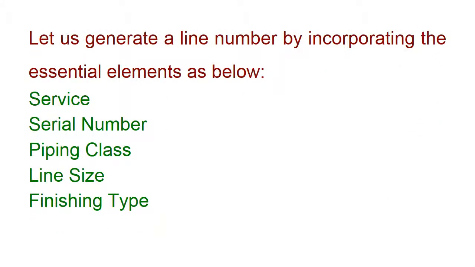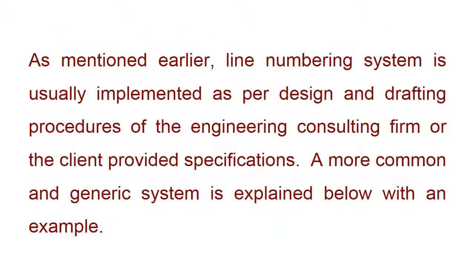Let us generate a line number by incorporating the essential elements as below: service, serial number, piping class, line size, finishing type. As mentioned earlier, the line numbering system is usually implemented as per the design and drafting procedures of the engineering consulting firm or the client-provided specifications.